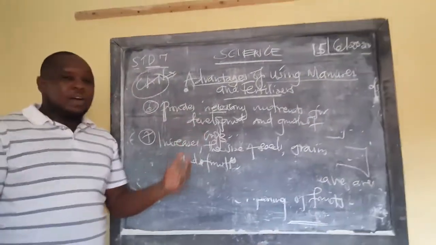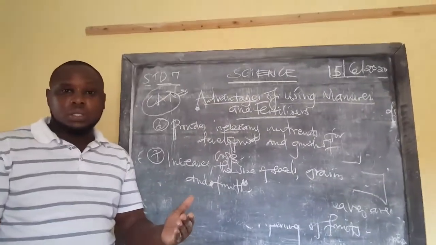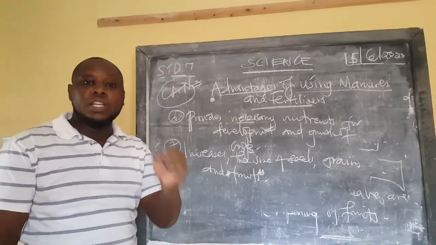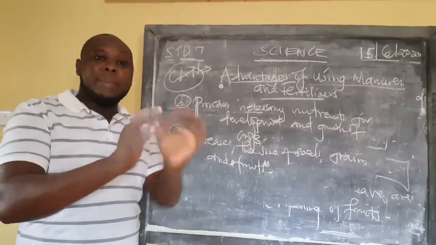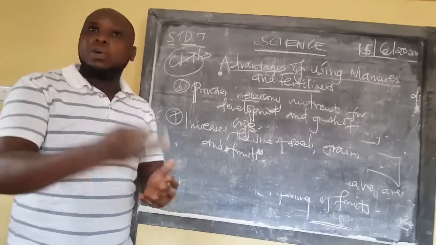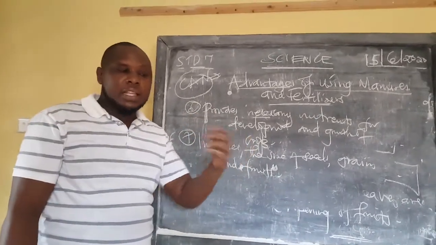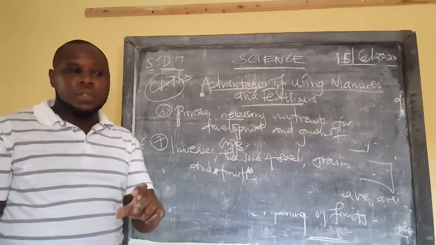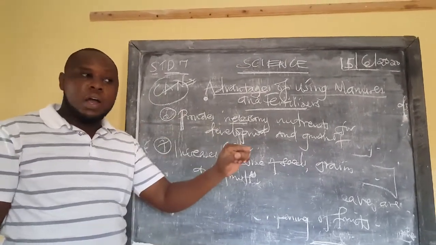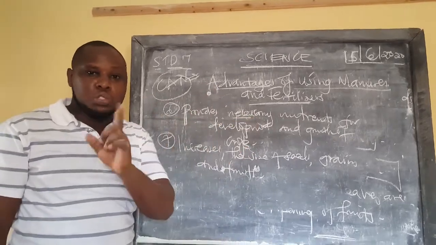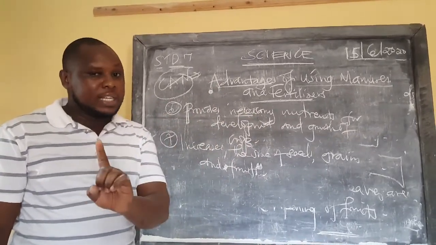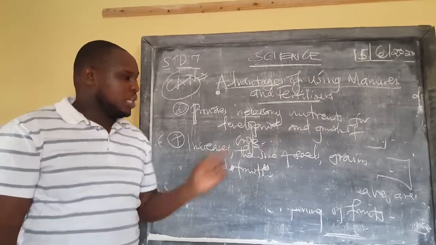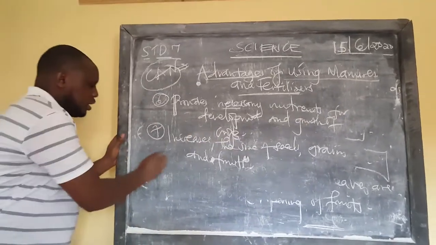In a farm where fertilizer and manure was used, those tomatoes are going to be very strong and they are going to give bigger fruits. Talk about the mangoes and the like. The same way, grains, when you plant beans and then you use fertilizer, it's different from another farmer who plants the same beans and does not use manures or fertilizers. The size of the grains is going to be very small. So that's what it means in that point.